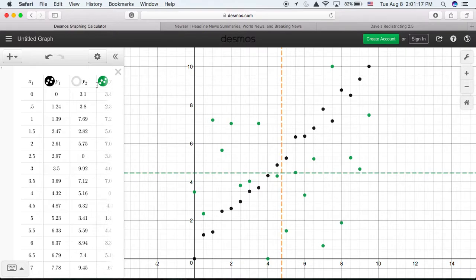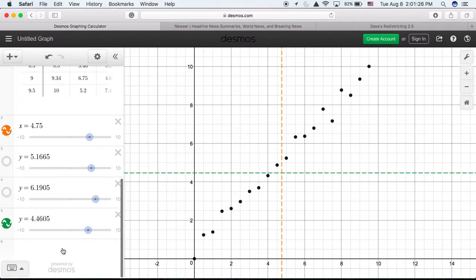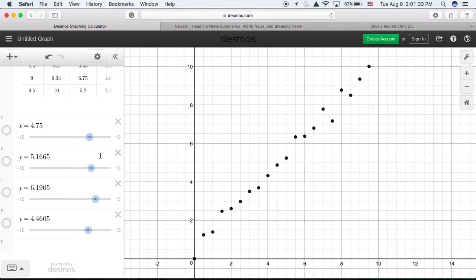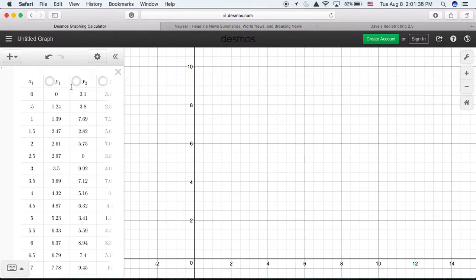And it turns out that this one has a correlation coefficient of 0.9942, whereas this one has a correlation coefficient of 0.4742. And this one has a correlation coefficient of 0.0734.